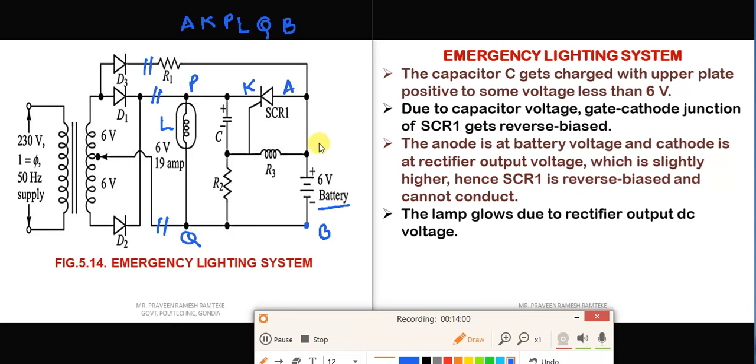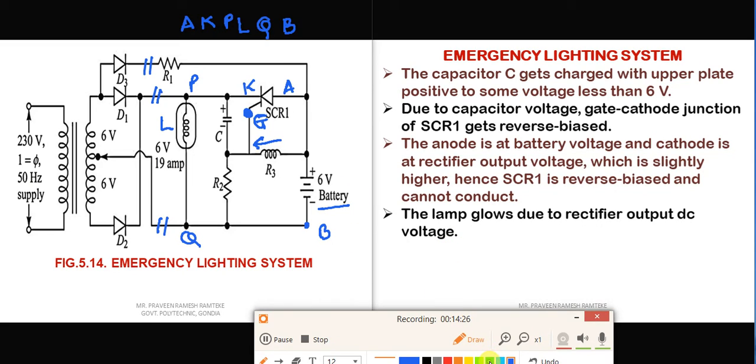Because of this, the SCR is getting forward biased. But we want to trigger this gate terminal. The gate terminal is triggered by this inductor's EMF. Okay. So when the gate gets triggering voltage, the SCR is forward biased.